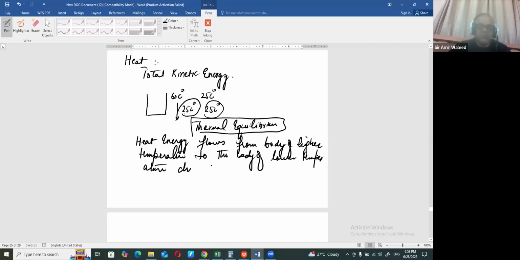So heat energy flows from a body of higher temperature to a body of lower temperature due to the difference of temperature. Heat energy is transferred from the body of higher temperature to the body of lower temperature due to temperature difference. This is the definition of heat.